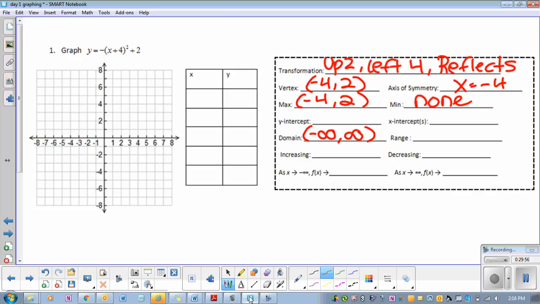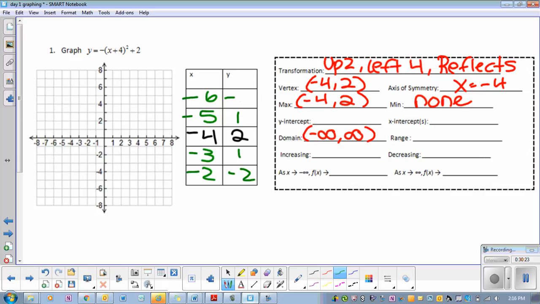So guys, once I know my vertex, I can go graph it. Negative 4, 2. And then you know what? Give me 2 points above and 2 points below. Negative 3, negative 2, and negative 6. Oh, and 1. Negative 3 and 1. So how about for negative 2? What's my y number for negative 2? Oh, negative 2.